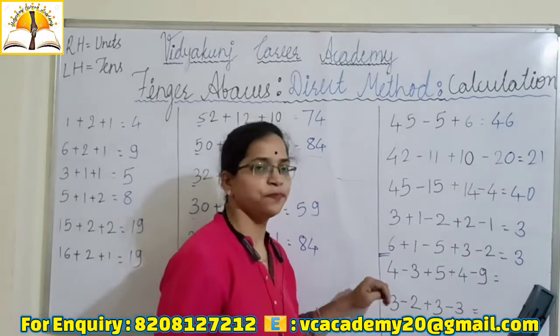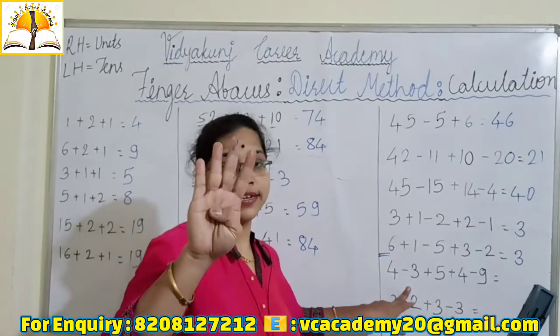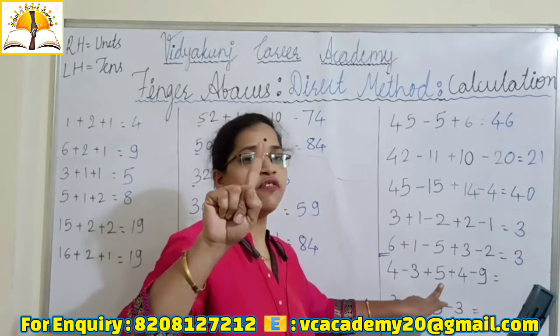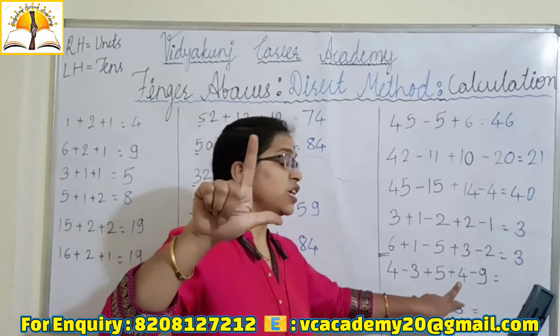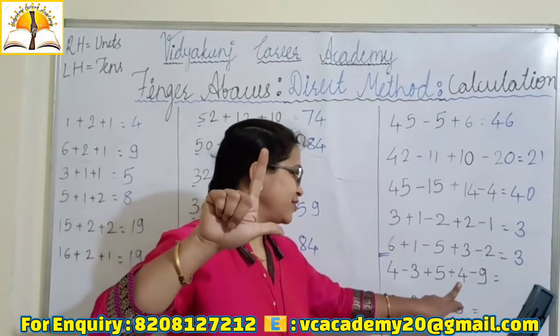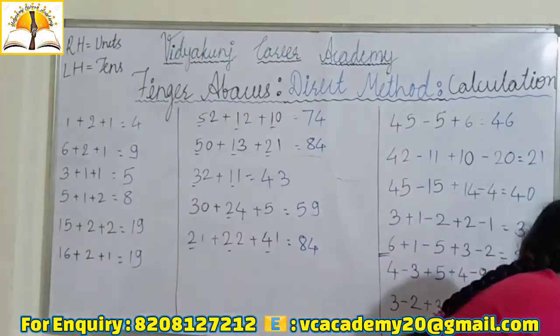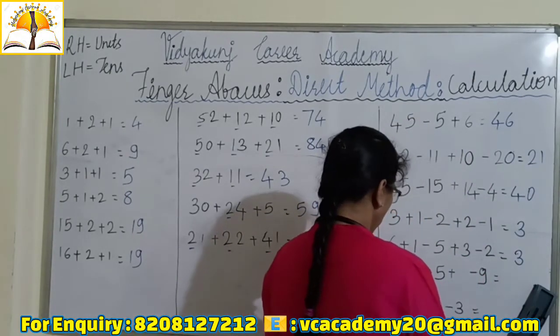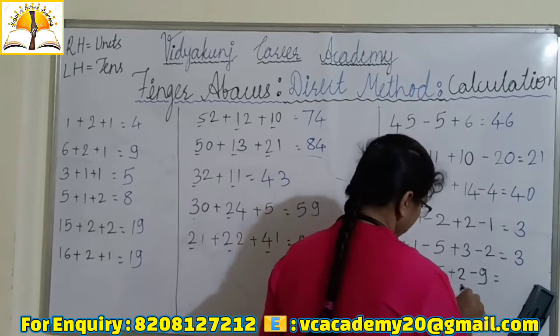Okay, now next number. 4 minus 3, 1, 2, 3, 1, and then plus 5, raise thumb, then plus 4. How do you do plus 4? This is also, I will write here too, according to the concept we have to go.